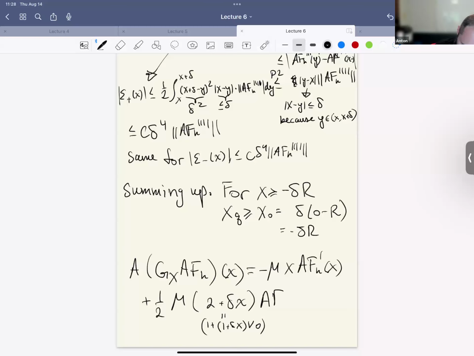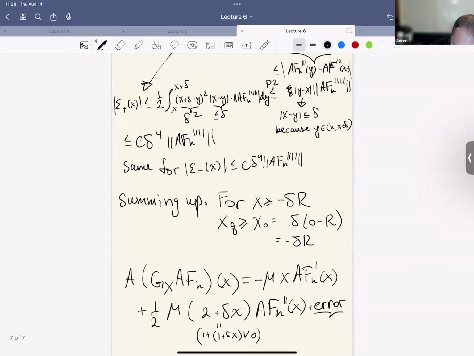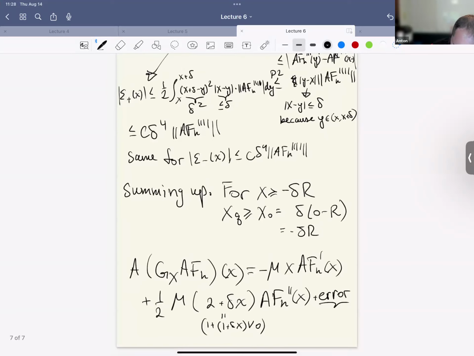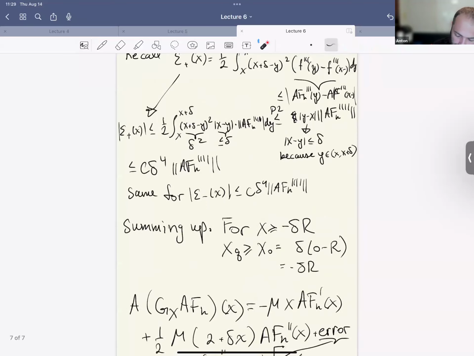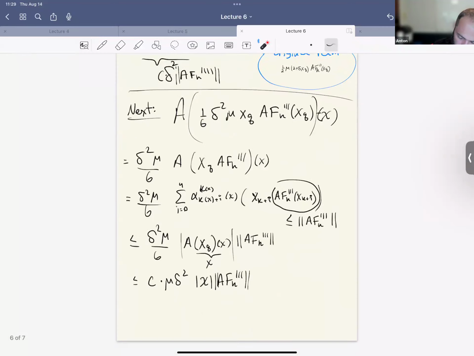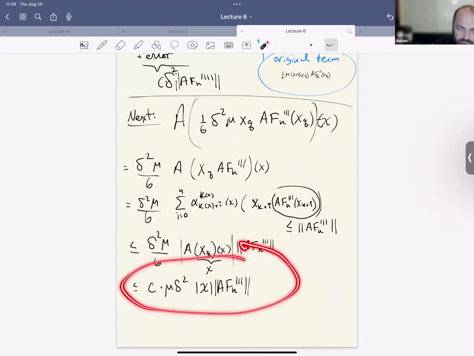But again, not the main focus. Plus x plus error term. And this error term, at the end of the day, if you collect everything, is less than or equal to, let's see, we have c mu, and we're going to have a linear term in x, for example, that comes from our bound on the third derivative term.